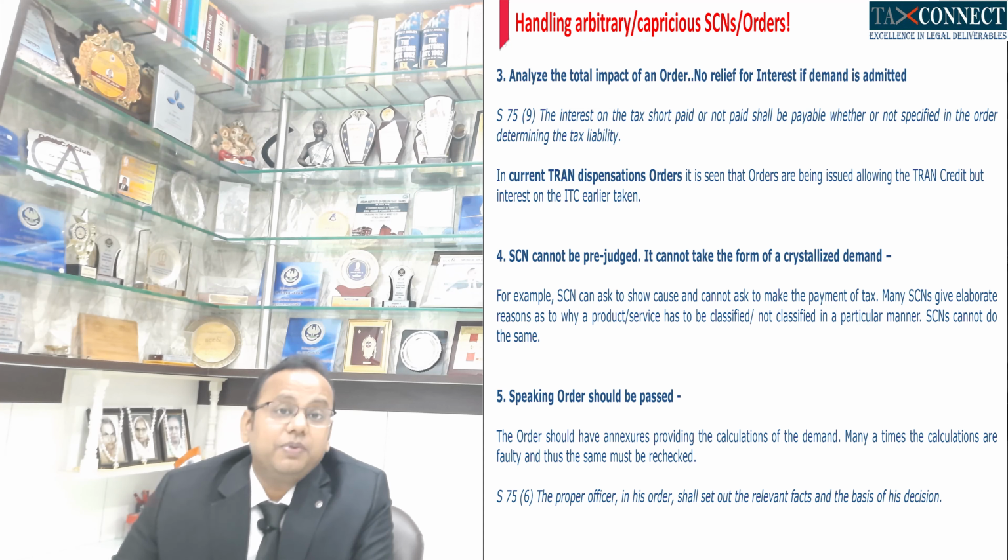A demand cannot be created and crystallized at the show cause stage itself. In case it is done, then it would be presumed that the show cause is prejudged and could be considered as violative of section 75 and rule of law.